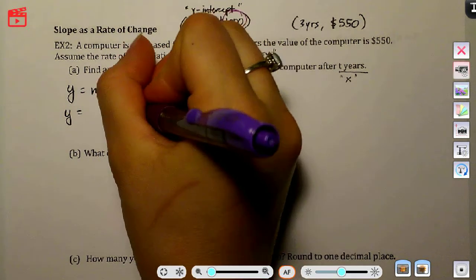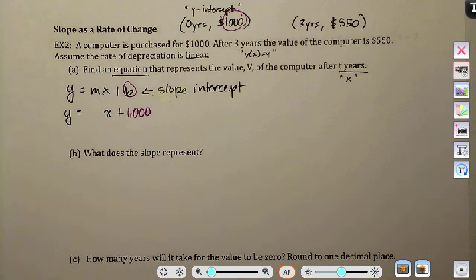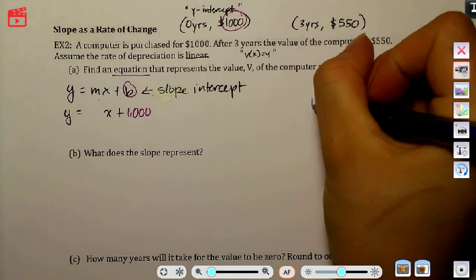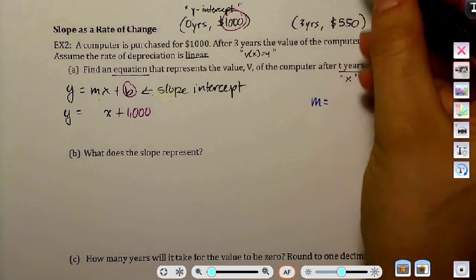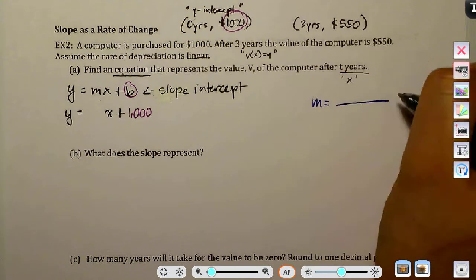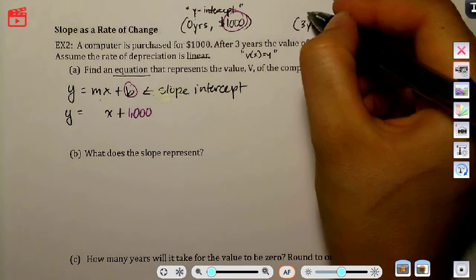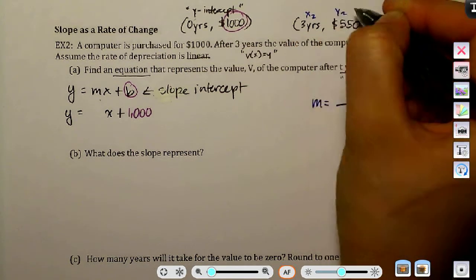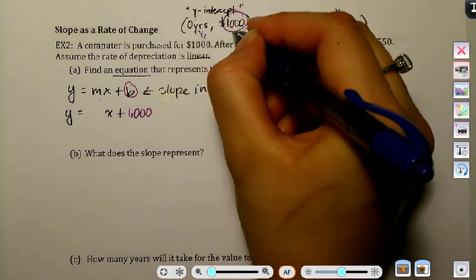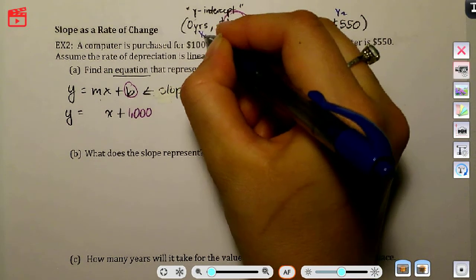Which means all I need to do is find my slope. And to find our slope, remember, we can use our formula. m equals y1 minus y2, all over x1 minus x2. So I'll go ahead and label these as my sub 1's and sub 2's.